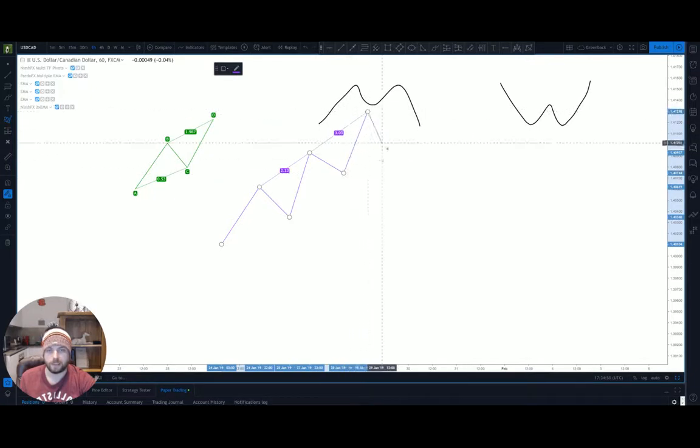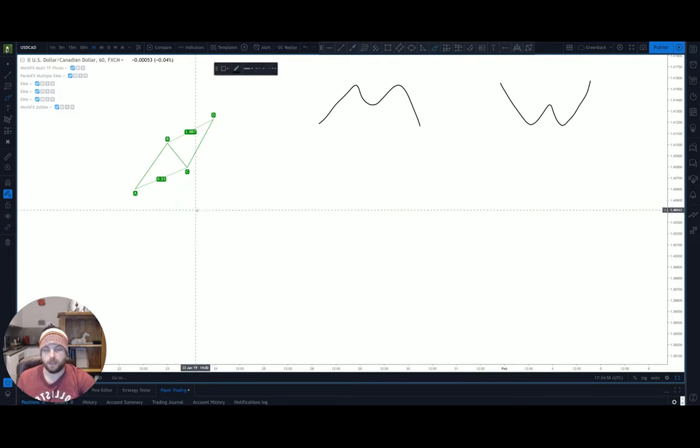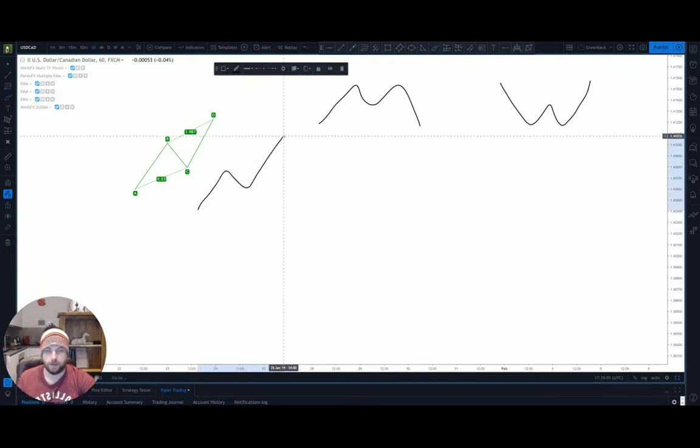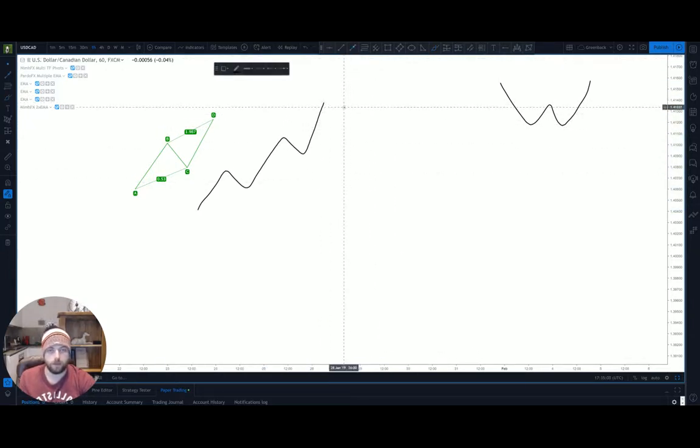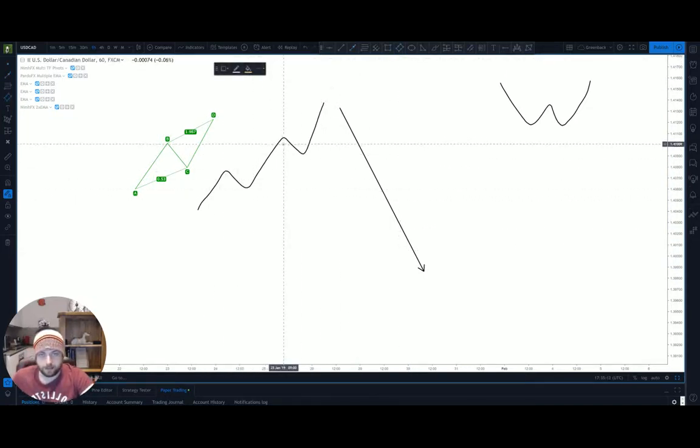I know that at the top of a 3 drives formation, price is going to drop. You get the ABCD, and three drives is just another push up, and then the drop. But the thing with me is, if there's an ABCD forming and it doesn't reach the supply zone, I'm not going to sell it anyway.